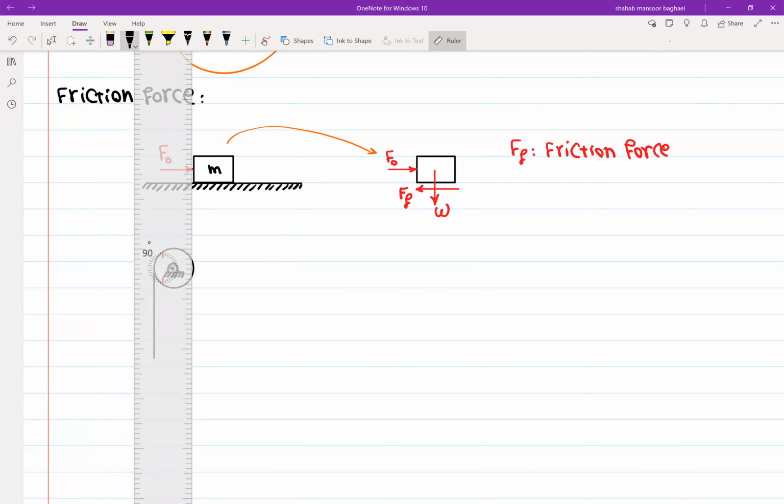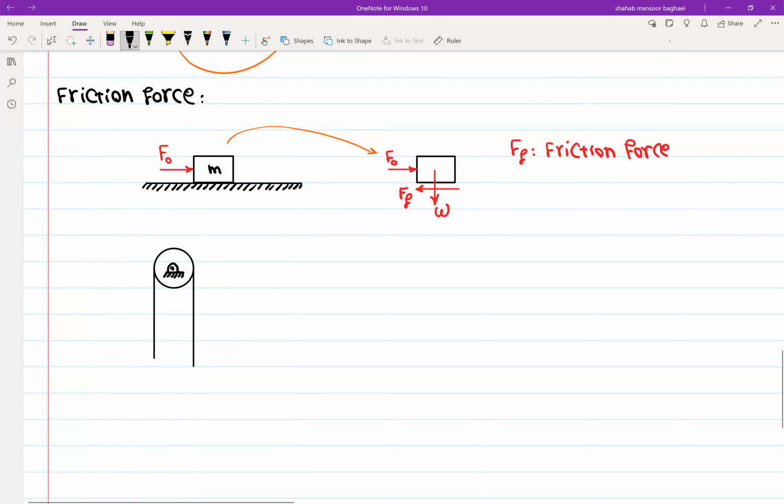And there are two blocks here. The first block is on the left side. It has first mass, like M1. And the second block on the right side, that's heavier, like this. That's M2.